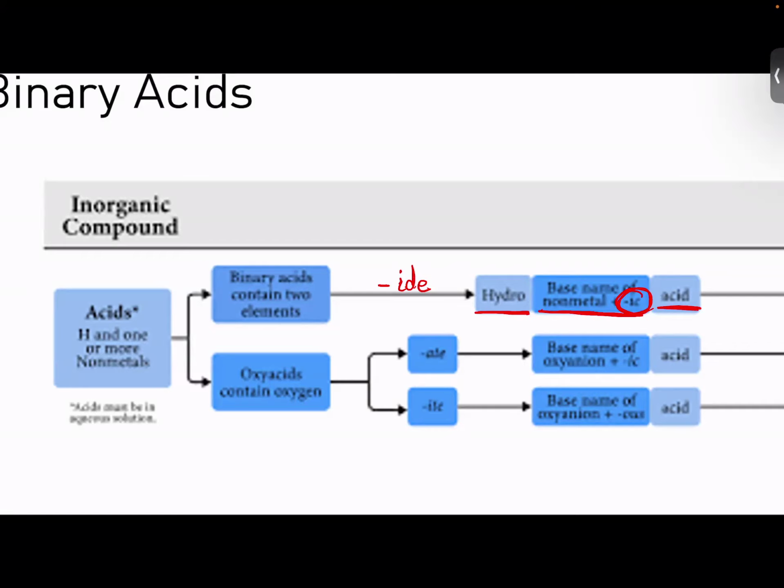If the polyatomic ion ends in ITE, then the acid will end in OUS acid.